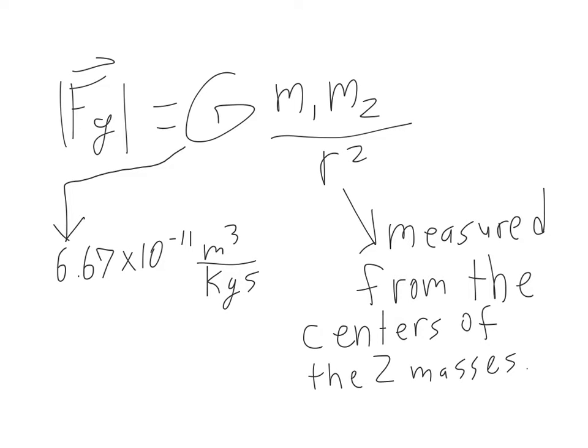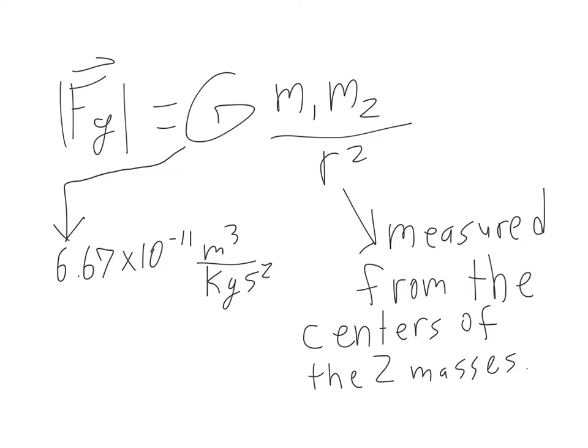This is a consistent value that is located on our equation table, and it is 6.67 times 10 to the minus 11 meters cubed per kilogram second squared, which may seem like weird units, but essentially it's so that the dimensional analysis of this entire thing leaves you with units of newtons.